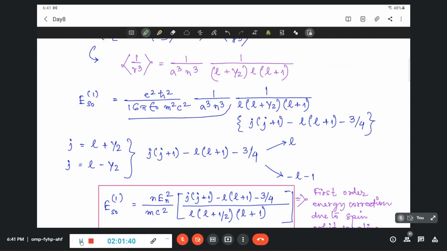We will start with the hyperfine splitting, and we will do Zeeman and Stark very briefly, only mentioning the results, and we will end within an hour. That I can guarantee you, I will not take 2 hours or more. So we will meet on Saturday 4:30. Okay, sir. Okay, fine, so I am ending this session now. It is already 6:41, too long. So I am ending this.